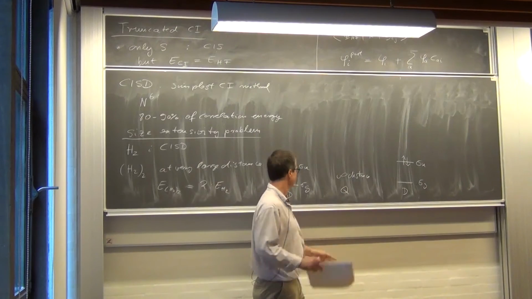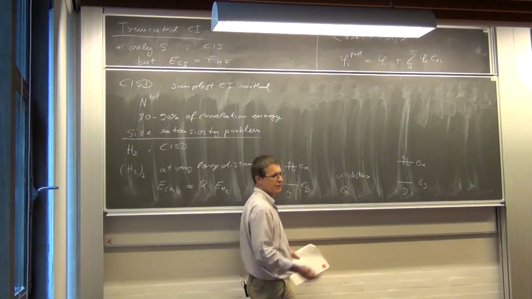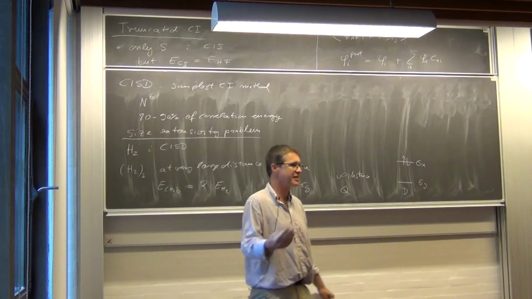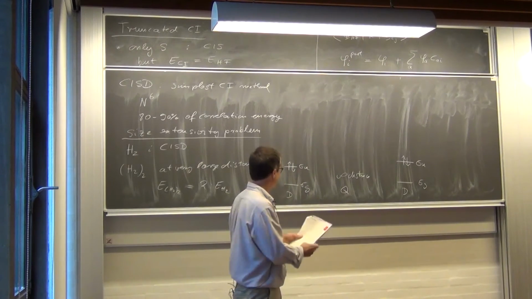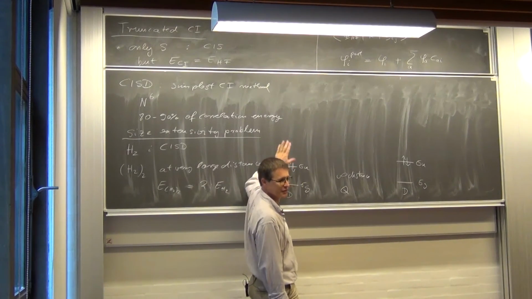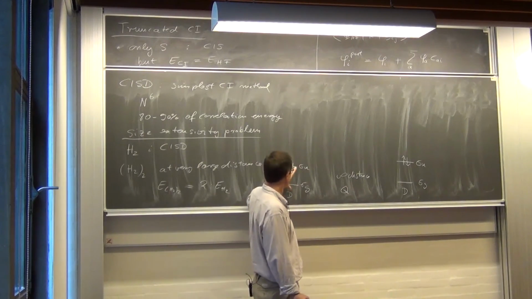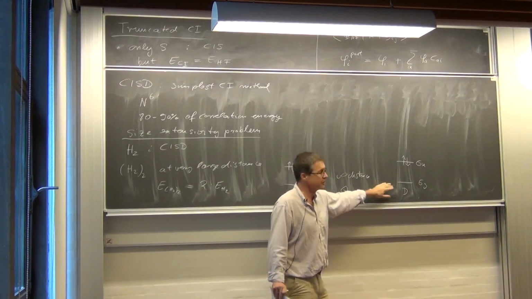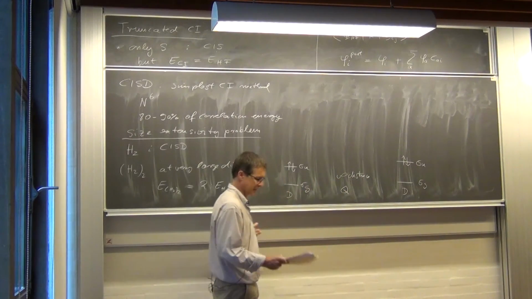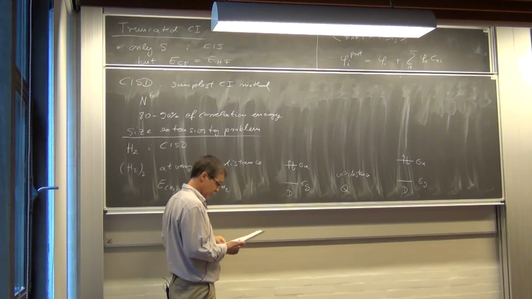Not all quadruple excitations, because for H2 I can't make a quadruple excitation, but if I have a system with 4 electrons, then I could have a quadruple excited determinant also for the monomer. But if you do this quadruple correction, then you include these kinds of quadruple excitations.